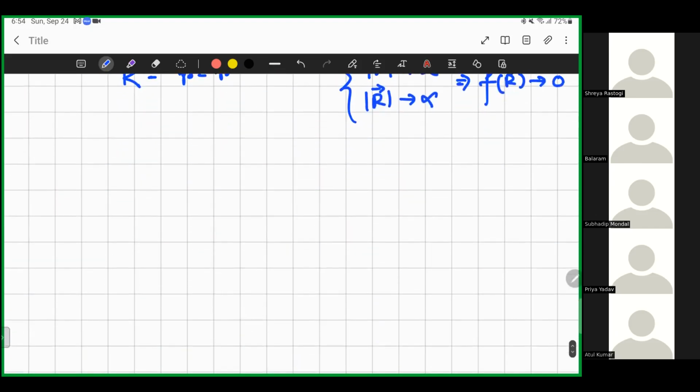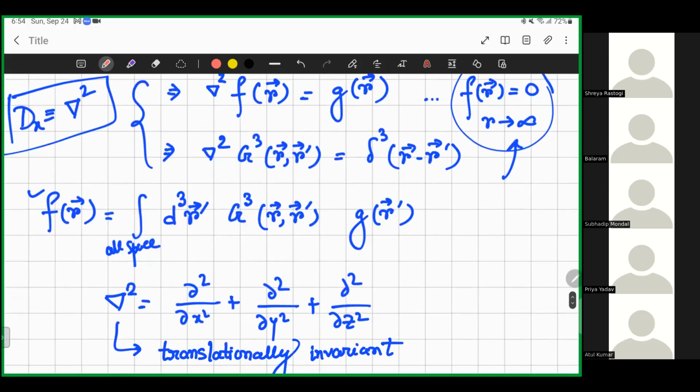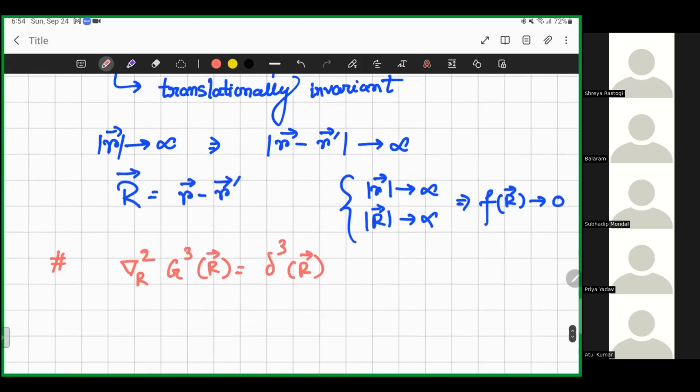So now we can write the Green equation like this. This capital R represents the Laplacian operator written in terms of capital R, the shifted coordinate, G(R) equals to, because this was just r minus r prime, that is capital R. So we have just written our overall Green function equation in terms of capital R so that we can solve it easily.